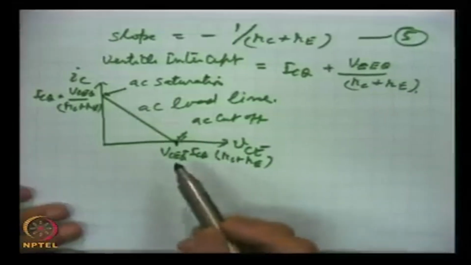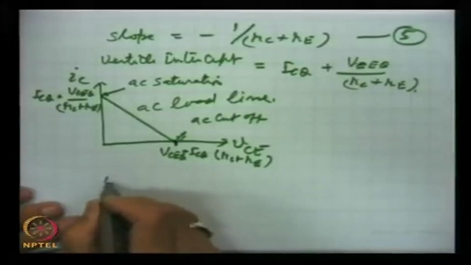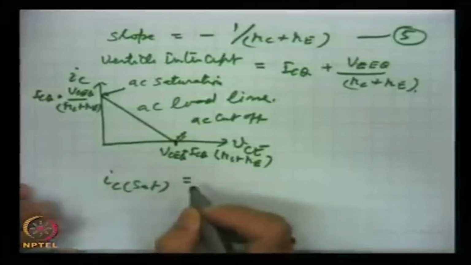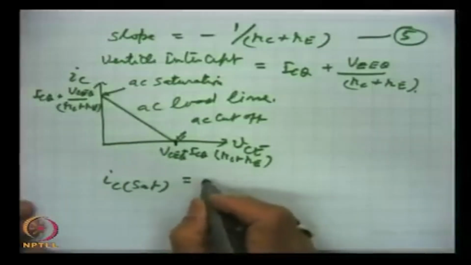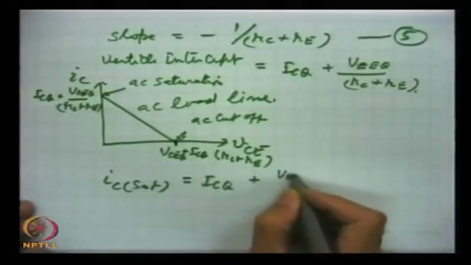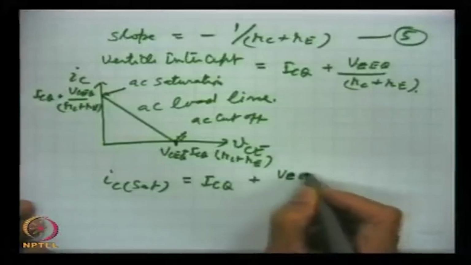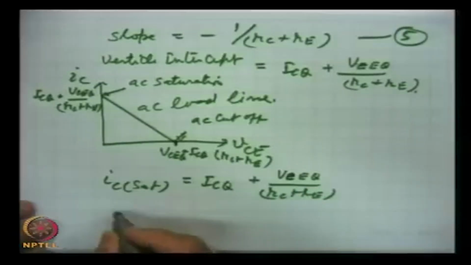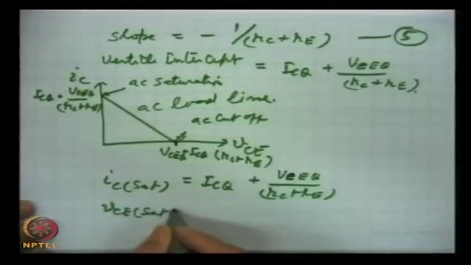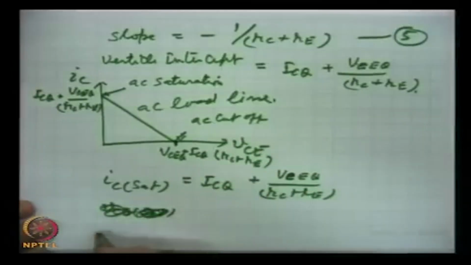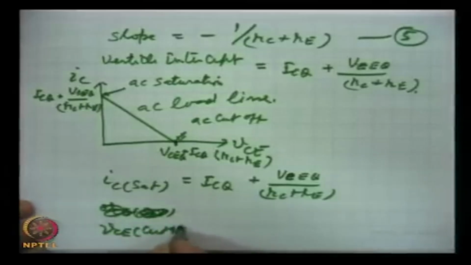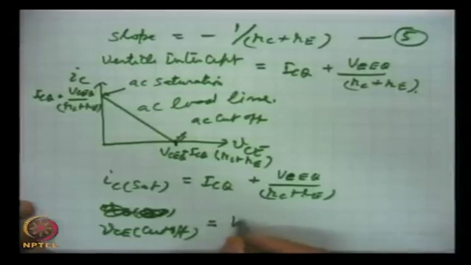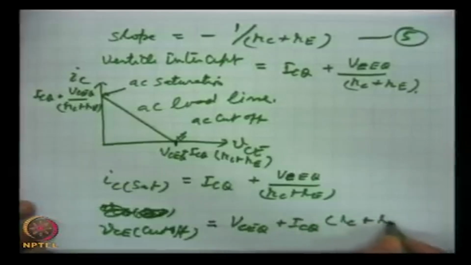These points have to be remembered: IC at saturation is equal to ICQ plus VCEQ by RC plus RE, and similarly VCE at cutoff is equal to VCEQ plus ICQ into RC plus RE.